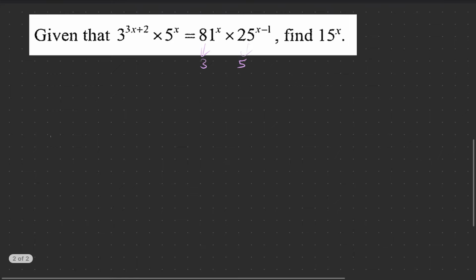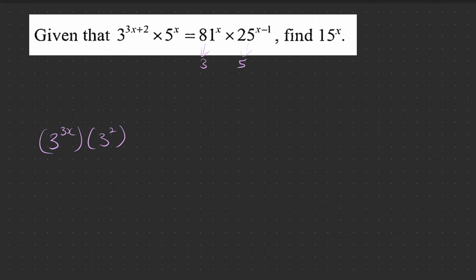So 3 to the power of 3x times 3 to the power of 2 times 5 to the power of x equals 3 to the power of 4x times 5 to the power of 2x minus 2. And the next step I want to do is try to get the 5's together and the 3's together.